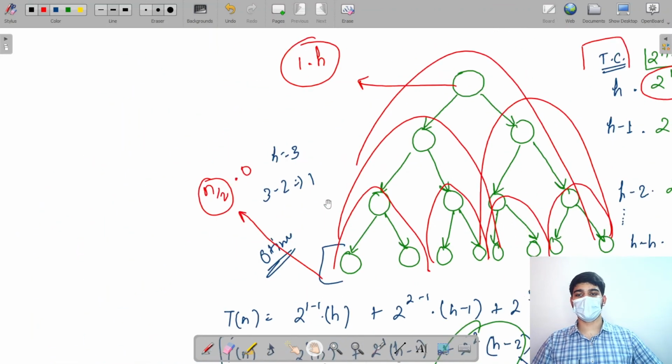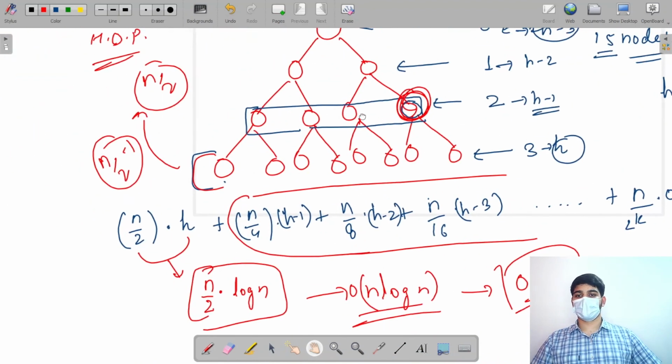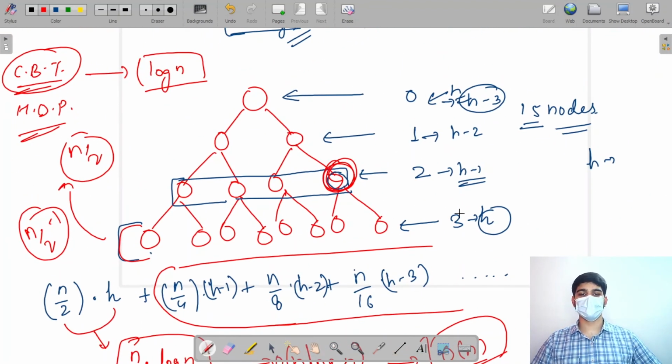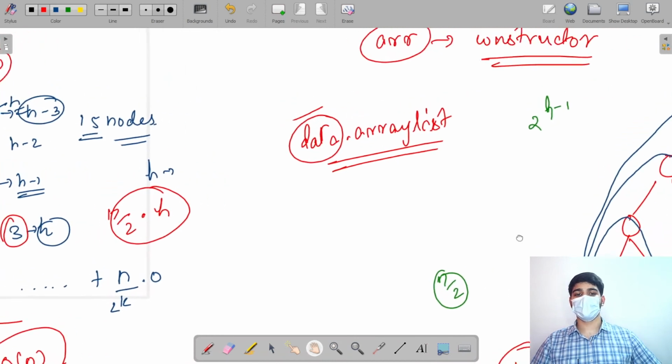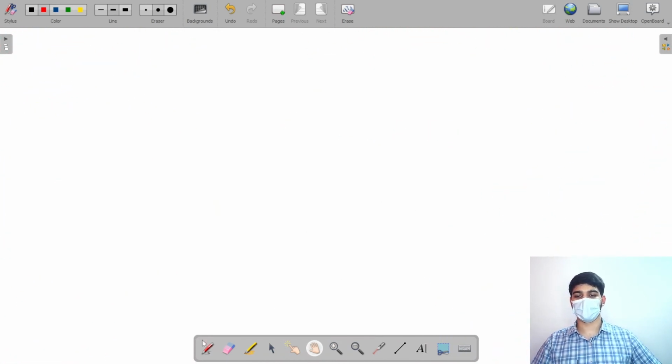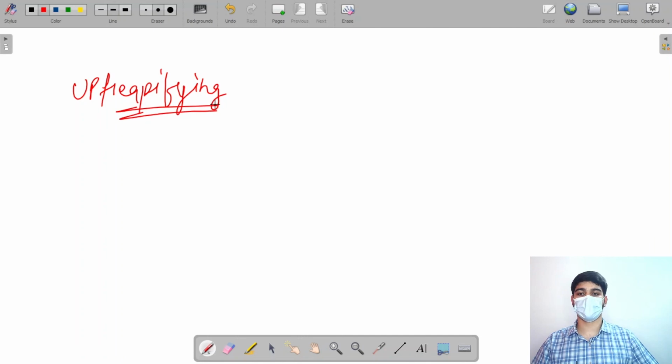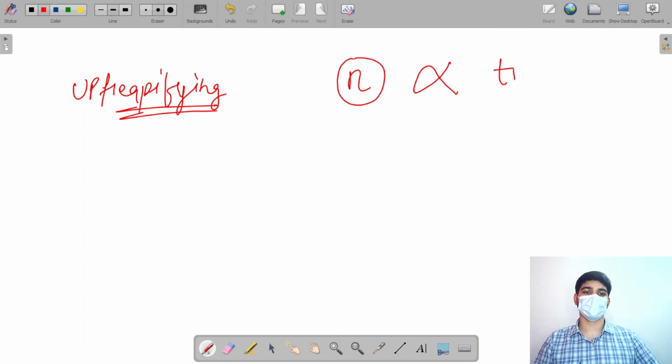But in the case of up heapifying, for the maximum number of nodes, which were n by 2, we had time complexity of h, and for the minimum number of nodes we had time complexity of 0. So the only difference is that while up heapifying, the number of nodes was directly proportional to the time complexity.